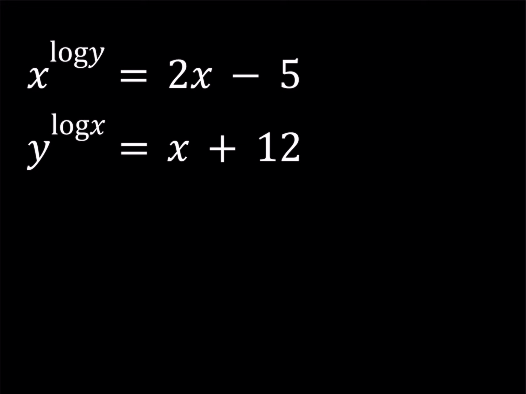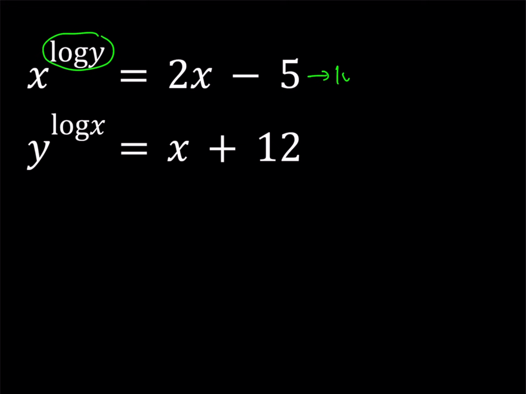Now, if you just try to solve this problem separately, like look at each equation and see what you can do, you can probably try to get the log y by itself and write y in terms of x, and then plug it into the second one. Well, maybe we can try that. Let's do it. Okay, so what I'm going to do is take the logarithm of both sides.